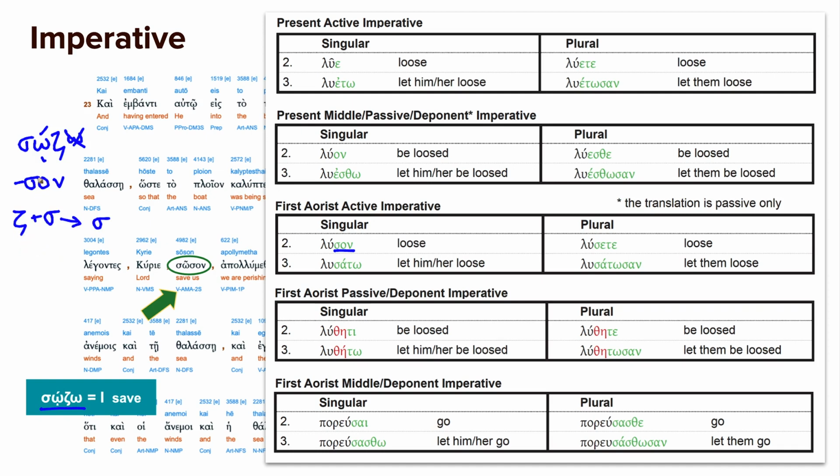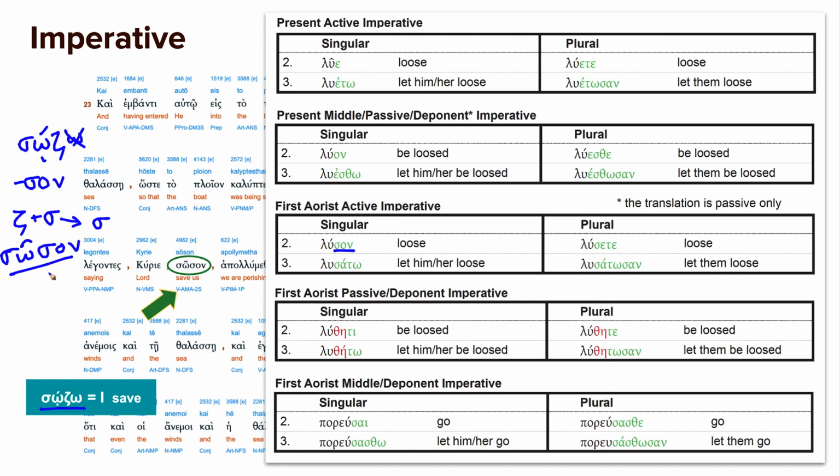It goes from z, sozo, to s, the two together. So basically you're left with sigma, omega, sigma, omicron, nu, and it's long. Soson, soson.